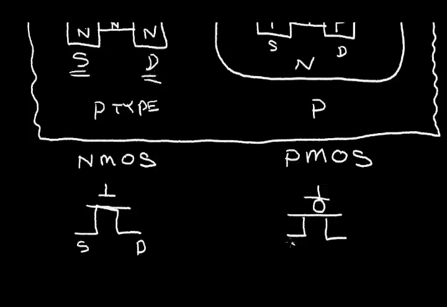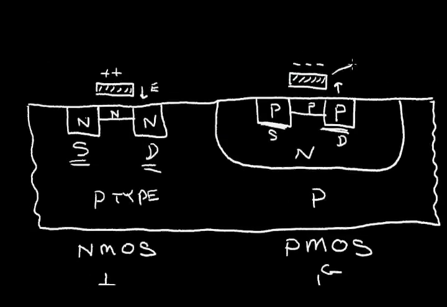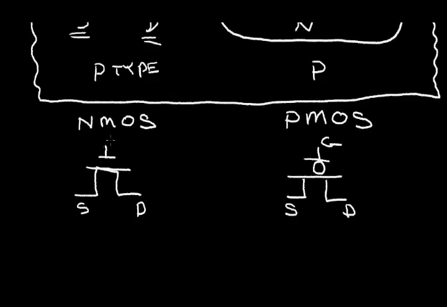If this is a source connection, drain connection, that corresponds to this source and this drain. This is my gate material. That corresponds to this, and the NMOS has a gate material here. That corresponds to this connection.